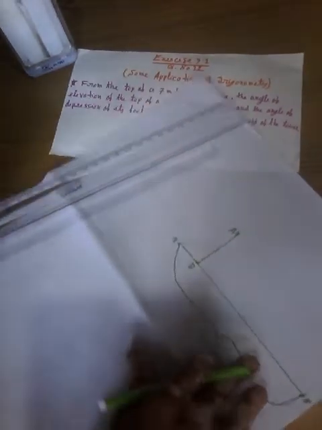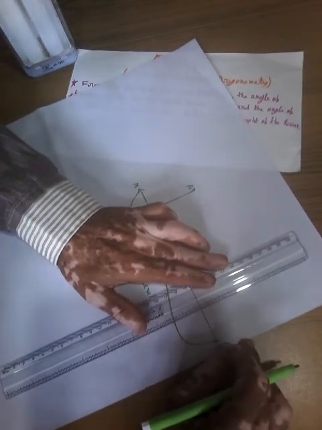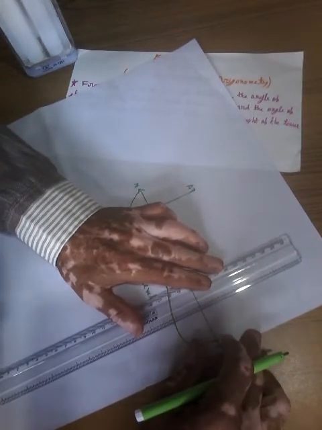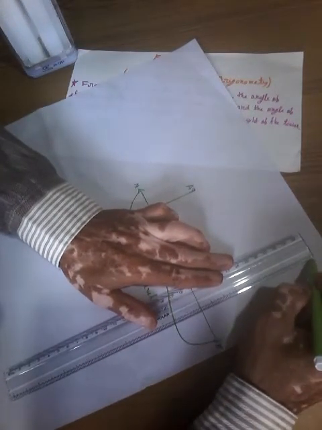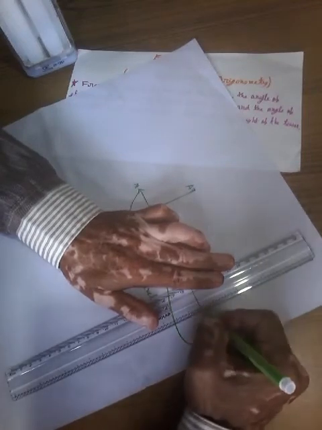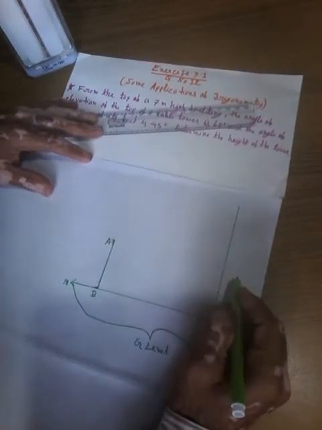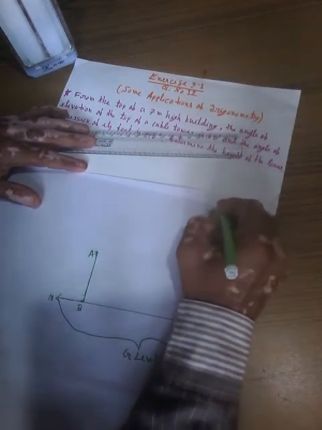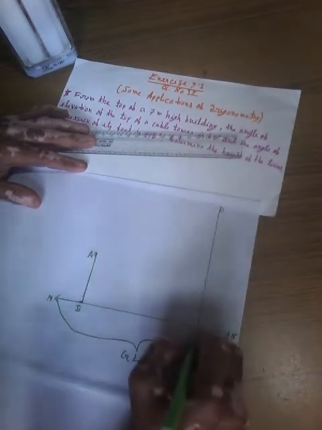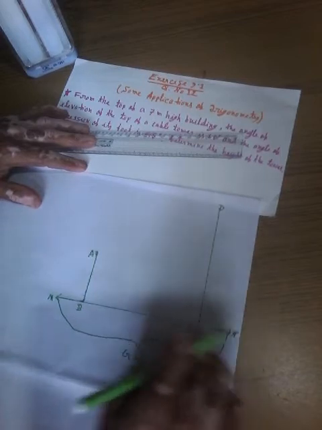After that, let us represent the cable tower. Let us name it as DC, which is also perpendicular on MN.